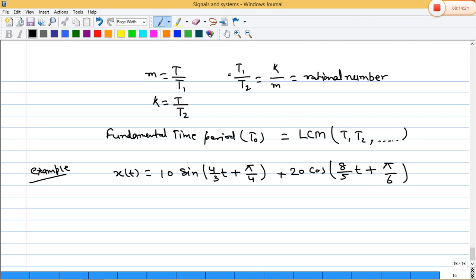So this is the condition here: T1 and T2 should be such that the ratio of T1 and T2 is a rational number.